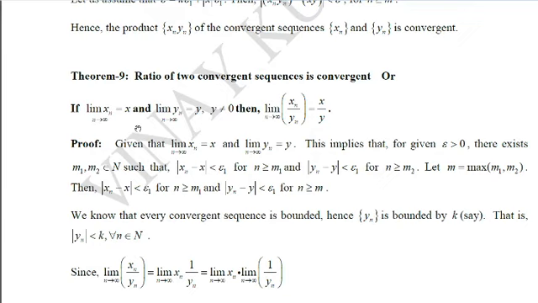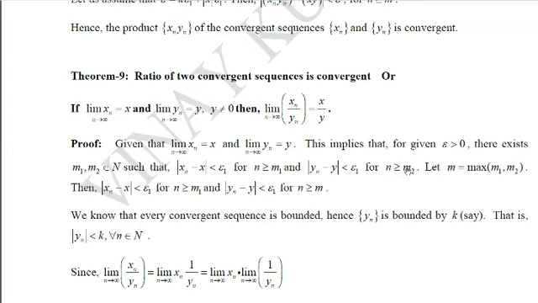First of all, what was given: limit as n tends to infinity xn equals x and limit as n tends to infinity yn equals y. So by the epsilon form, for given epsilon 1 greater than 0, there exist positive integers m1 and m2 such that mod xn minus x is less than epsilon 1 for n greater than or equal to m1, and mod yn minus y is less than epsilon 1 for n greater than or equal to m2.